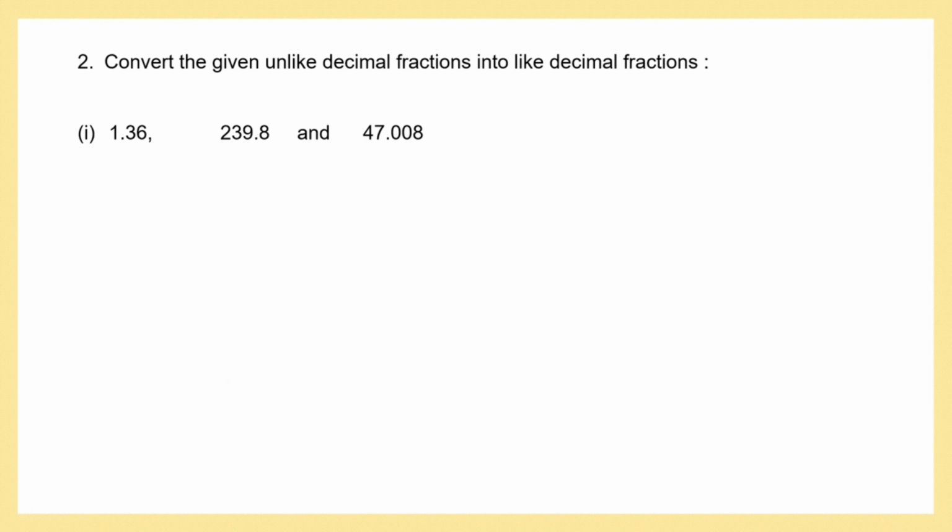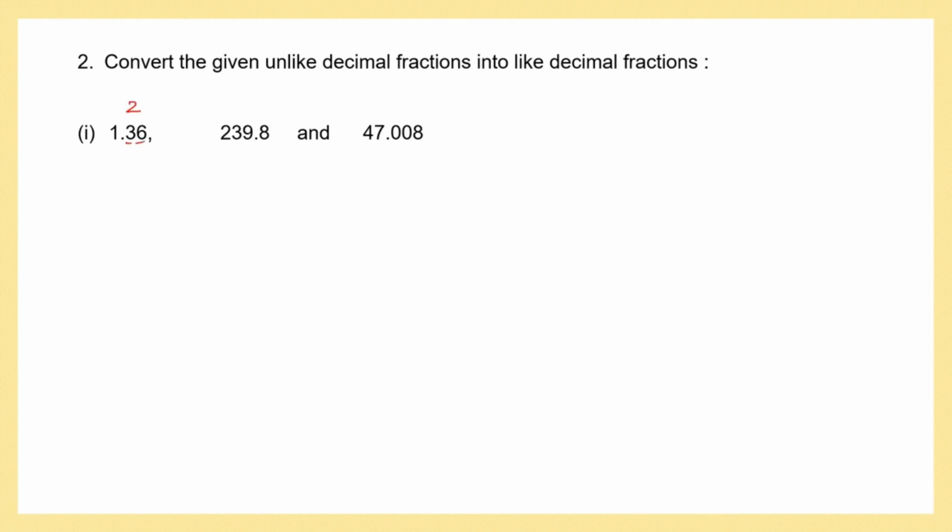Question 2. Convert the given unlike decimal fractions into like decimal fractions. Why are these called unlike decimal fractions? They're called so because if you look carefully, the first number has 2 decimal places.